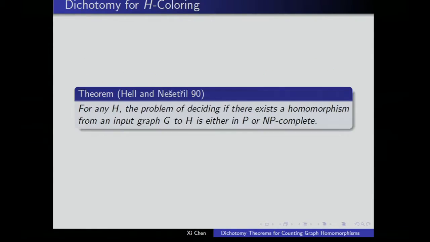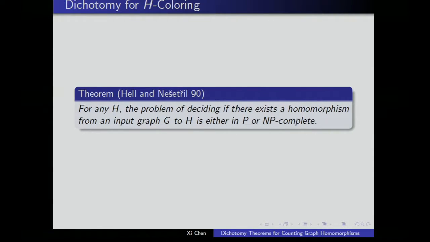Now, the first work on dichotomies for graph homomorphisms is this dichotomy theorem by Hell and Nešetřil. The decision version of the problem is also called H-coloring. So you take any fixed graph H. That's the graph you map to.